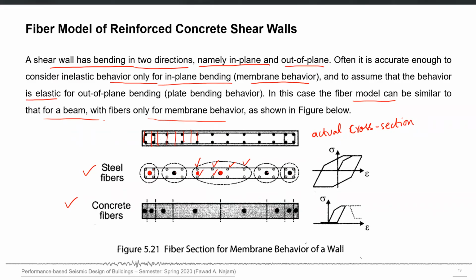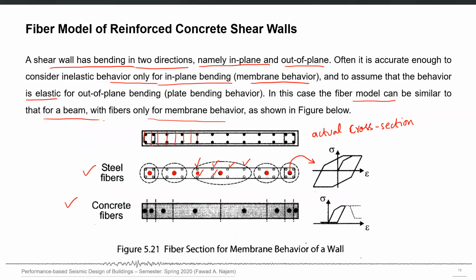Each of these steel fibers, shown here originally in black, is assigned a steel stress strain behavior. And for concrete, you can also make fibers. You have seen here that the fibers are small and closely spaced close to the ends, and they are big in the middle.